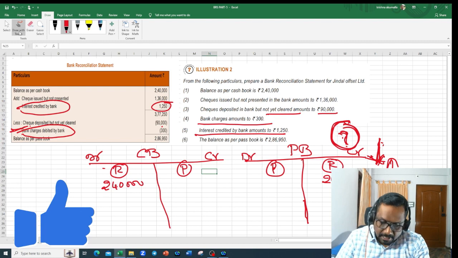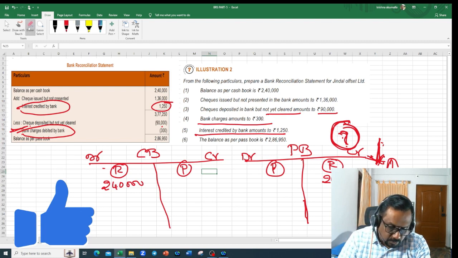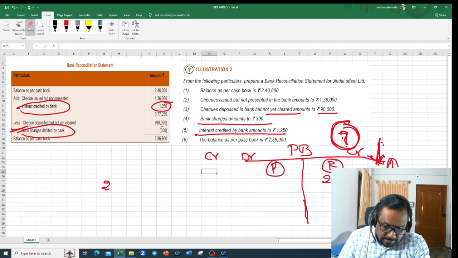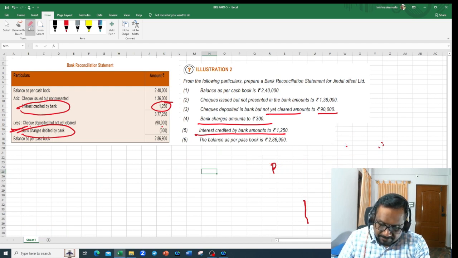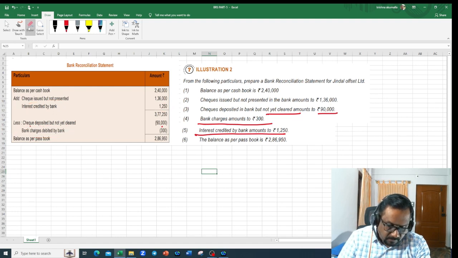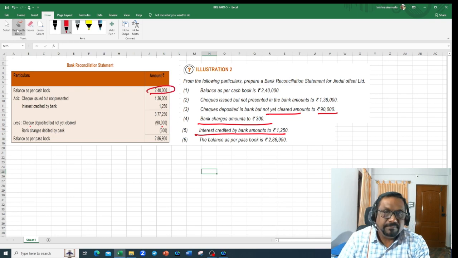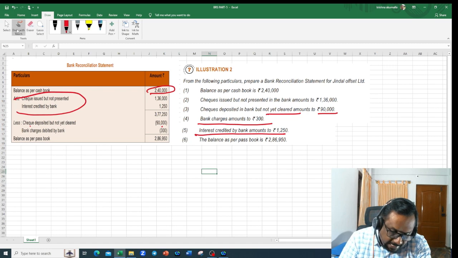Simple. Now, I'll simply explain how to arrive at the closing balance. See here in the problem, what did we do? We took the cash balance as 2,40,000 and we arrived at the balances to be added: 1,36,000 and 1,250.